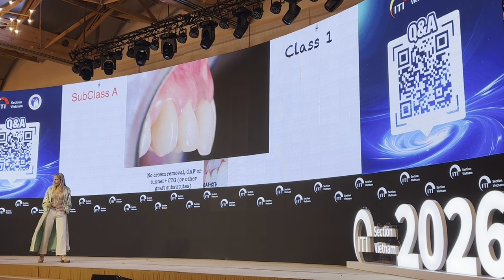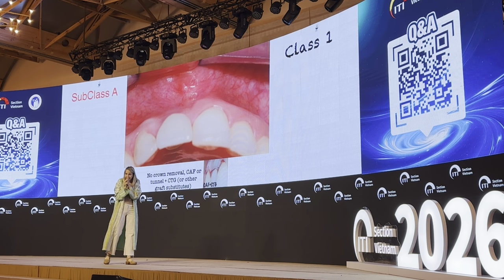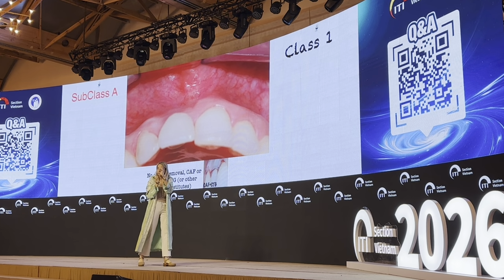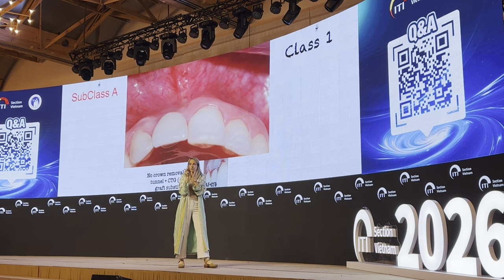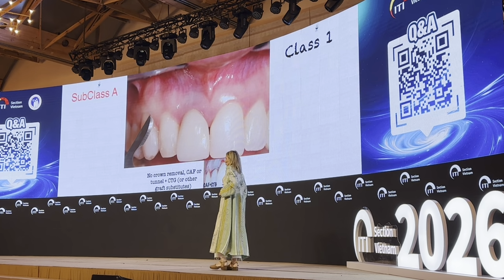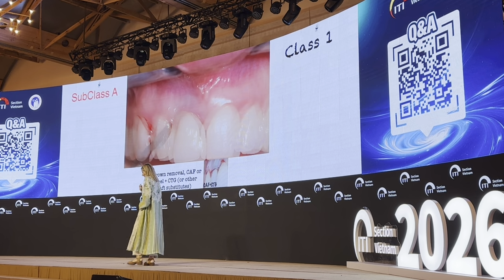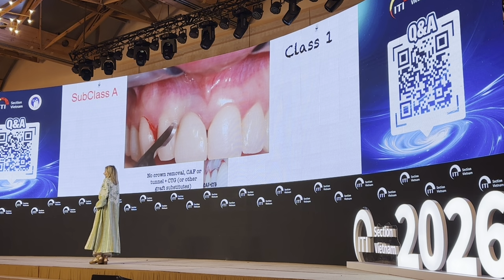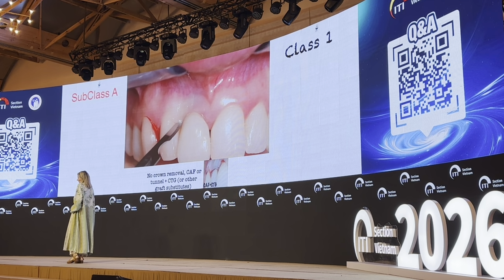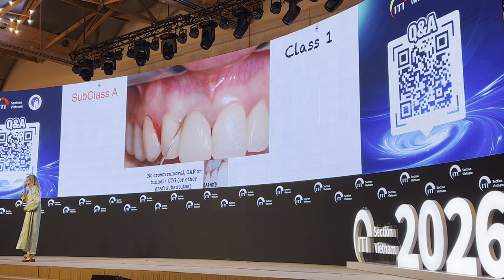The distal papilla of the central incisor is so thin. It is high, 3 millimeters high, but in buccal-lingual dimension it is very, very thin. And this is something which is really crucial to understand, because we can increase the soft tissue thickness not only in the buccal aspect but also at the interproximal level.